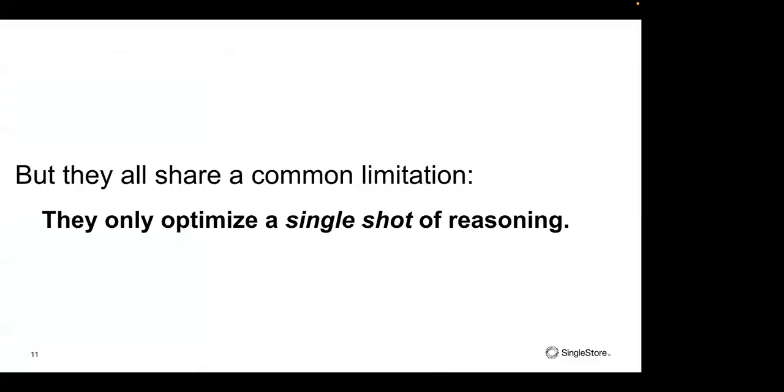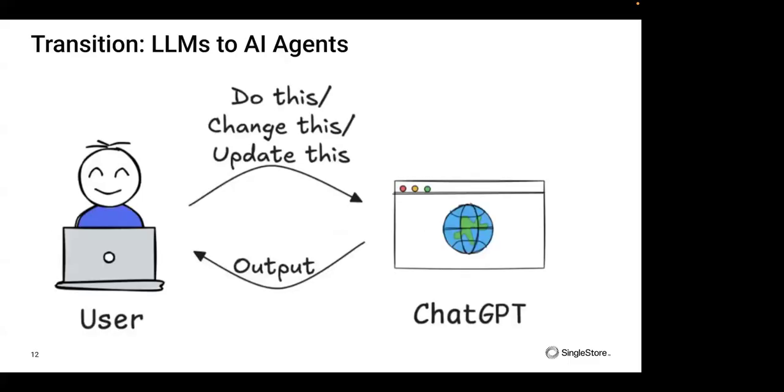But they all share a common limitation. What is that? They only optimize a single shot of reasoning. What does that mean? We usually go to ChatGPT, you might have seen, we ask one prompt, it doesn't think by itself and say, hey, I think I did this wrong, let me go back again and correct this, right? We always tell ChatGPT, nah, do this, change this, update that.